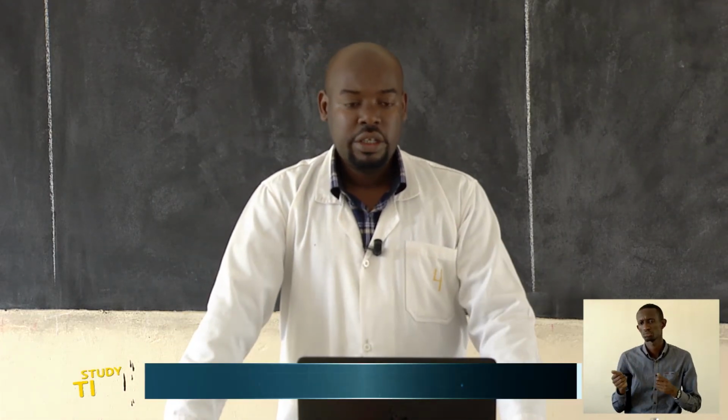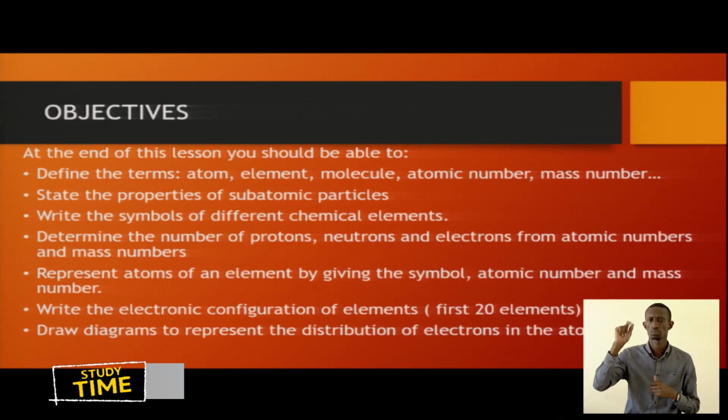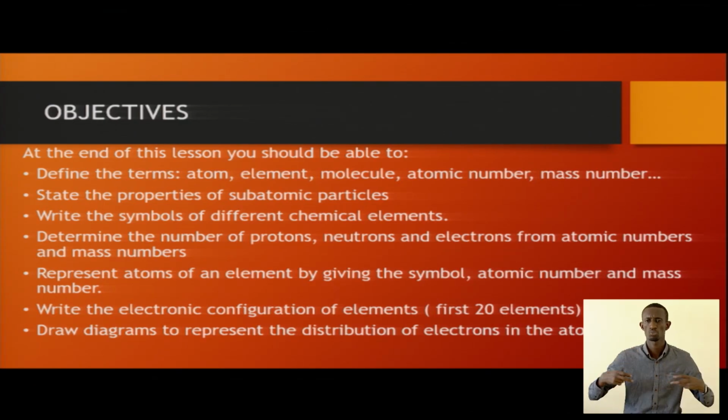And next objective, we should be able to represent atoms of a given element by the symbol which shows the chemical symbol of the element containing the atomic number and the mass number.